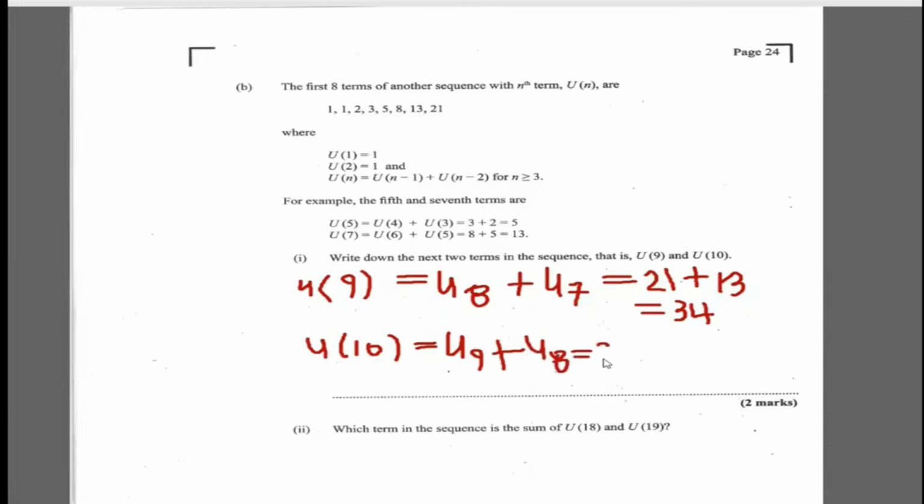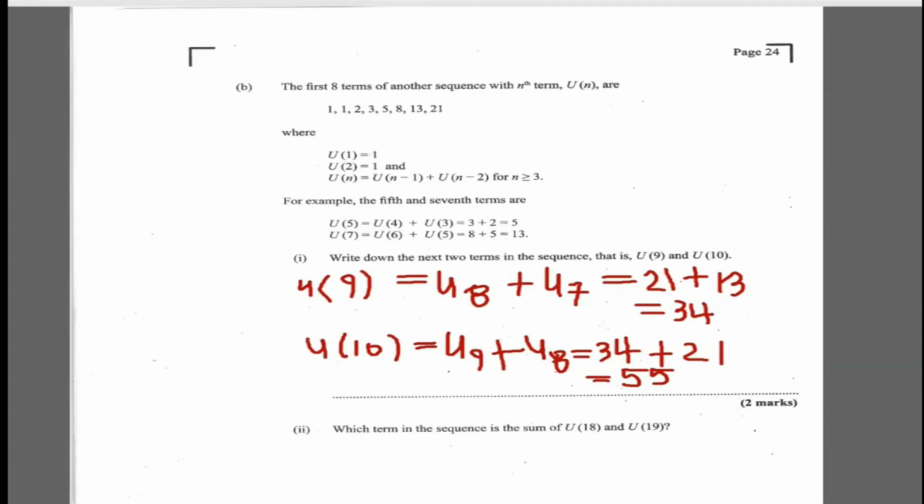And so U10 is equal to 34 plus U8, and U8 is 21. So we add 34 plus 21 to get 55. So that's U10. Nice and easy.